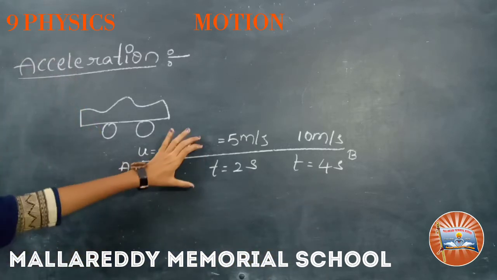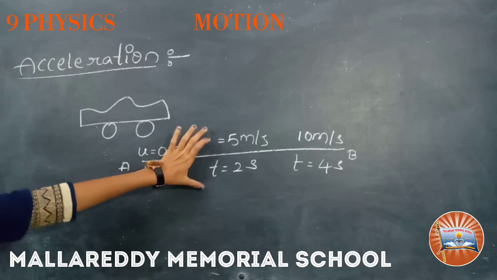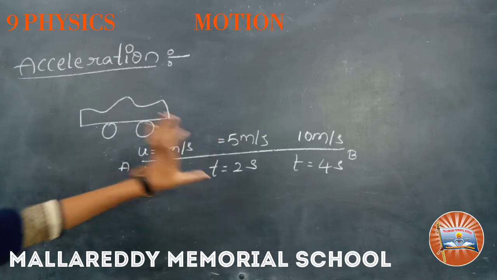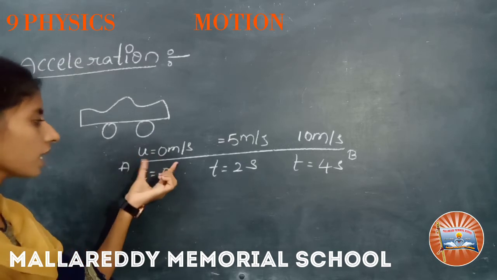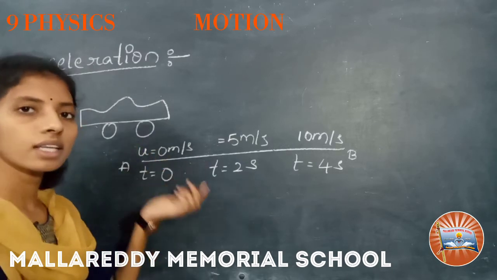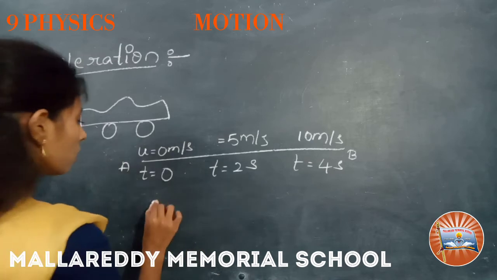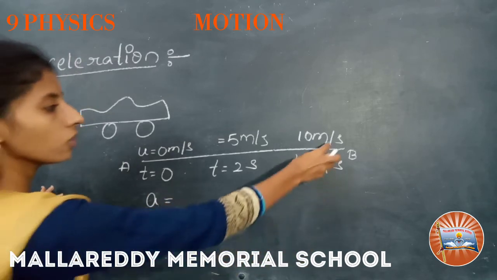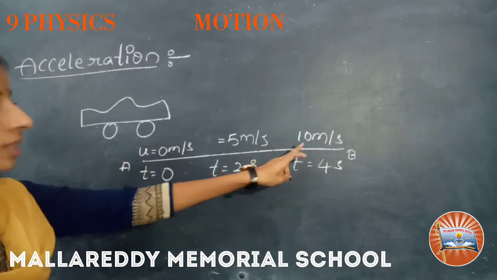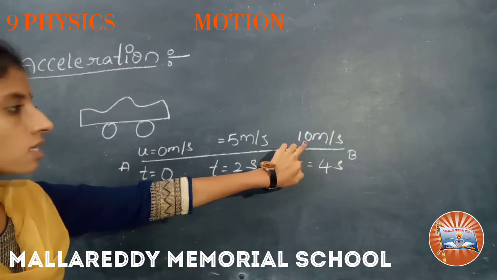Here we need to calculate the acceleration of this car. How can we calculate? We know that we have to take final minus initial. So a is equal to, what is the final value here? 10 meter per second.